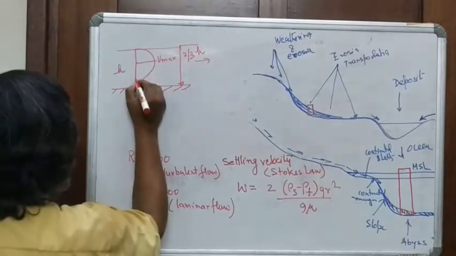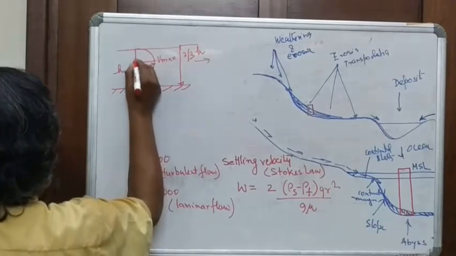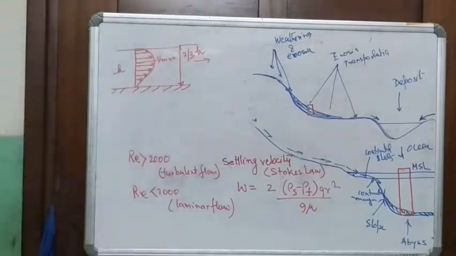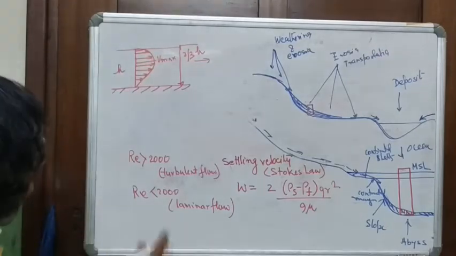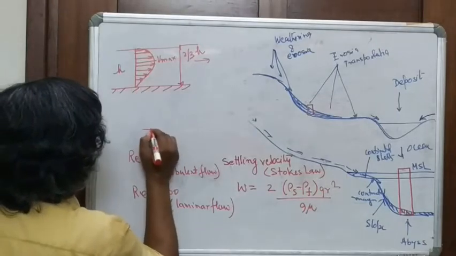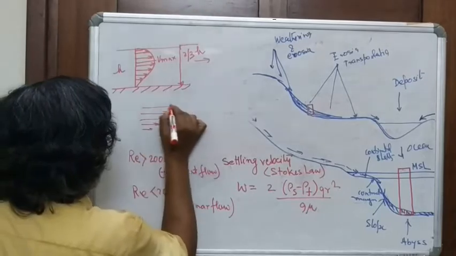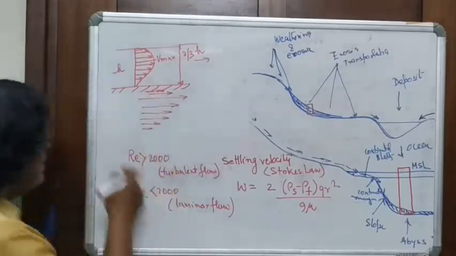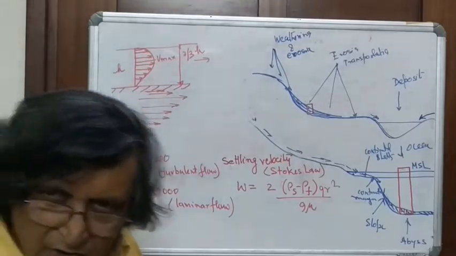In this, the velocity increases systematically in this direction and then decreases because of the resistance of the wind. So essentially, here the velocity is close to zero at the base, then the velocity increases, and again decreases. So this is how the velocity of a river changes.